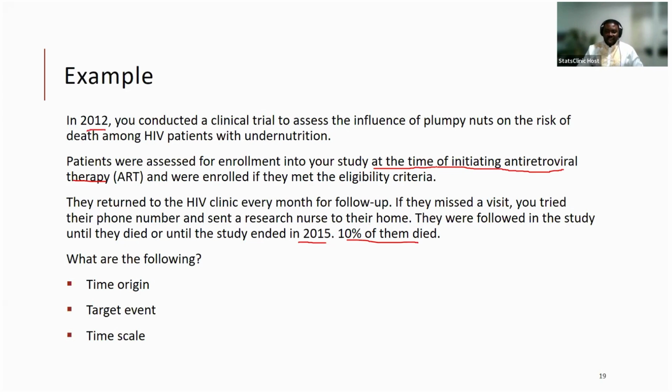You have to use the time when they initiated antiretroviral therapy. Even if you're using calendar year, you wouldn't want to think about a patient you enroll in January as the same as the person you enrolled in December. One person has had almost a year of follow-up. So you want to think about the time of initiating antiretroviral therapy as the time of initiation, so you can then think about the time scale in a different way.